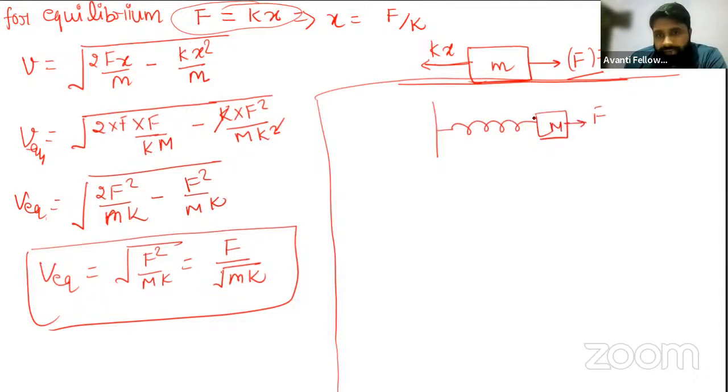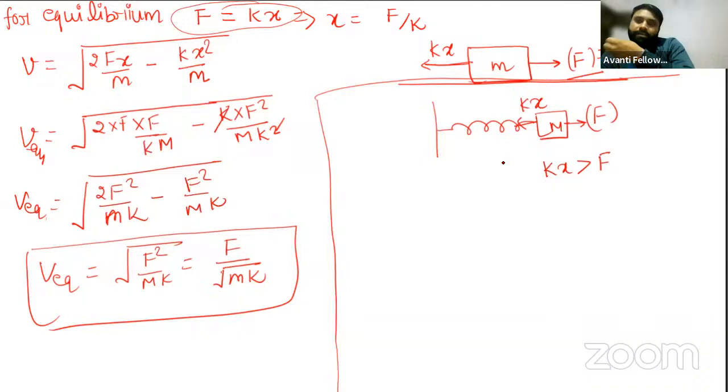When the value of this spring force kx becomes larger than F, at that time F is not sufficient to pull the block further, which means the spring force is dominating and it pulls the block backside. But just before that moment, the spring is at maximum extension.